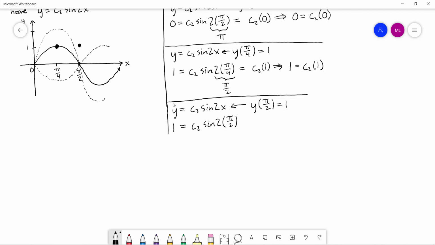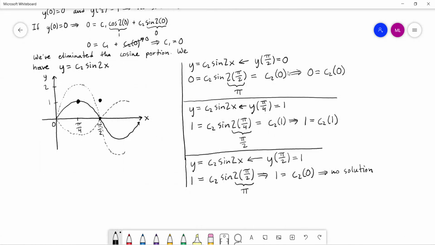But when the x value is pi over 2, that gives 2x equal to pi, and what is the sine of pi? It's 0. So this gives us the equation 1 equals C2 times 0. Can you find a C2 that will make this be true? No, because it's multiplied by 0. This right-hand side is going to be 0 no matter what. It's impossible to make it be equal to 1. So there is no solution. You can't find a C2 that'll make that true.